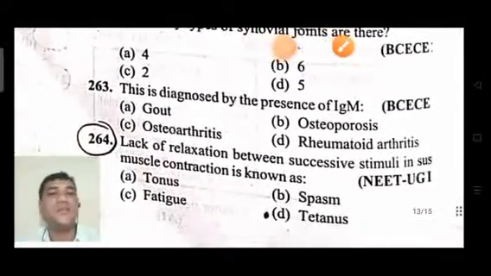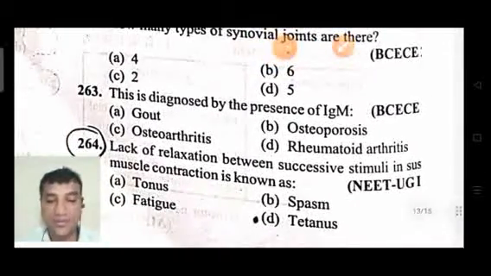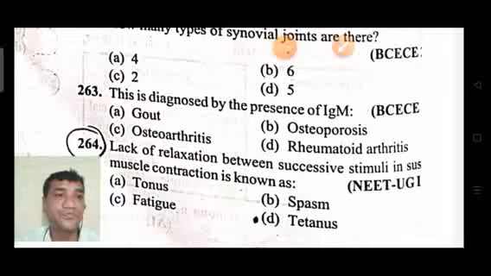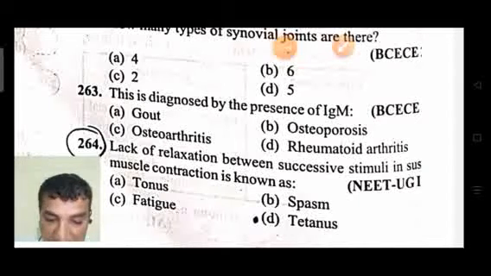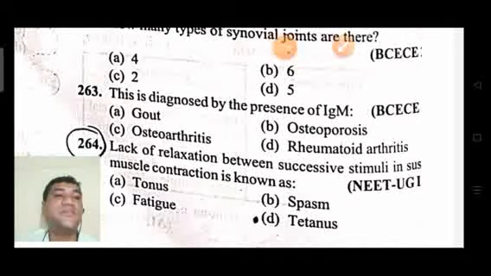Next, lack of relaxation between successive stimuli in sustained muscle contraction is known as what?